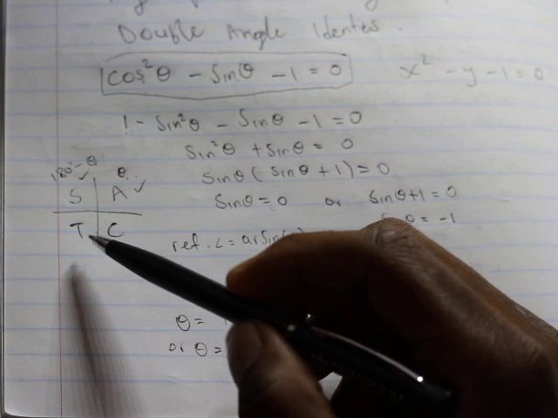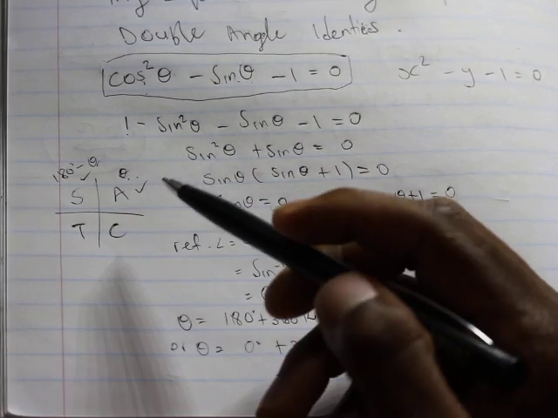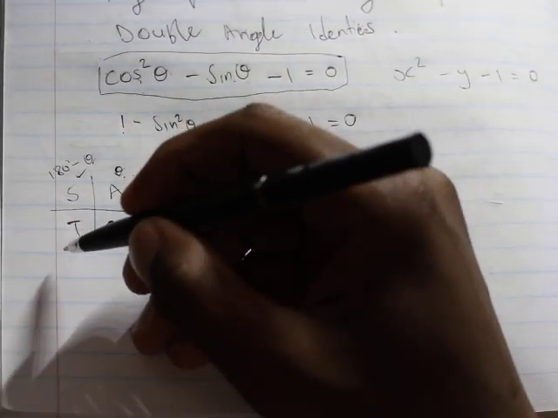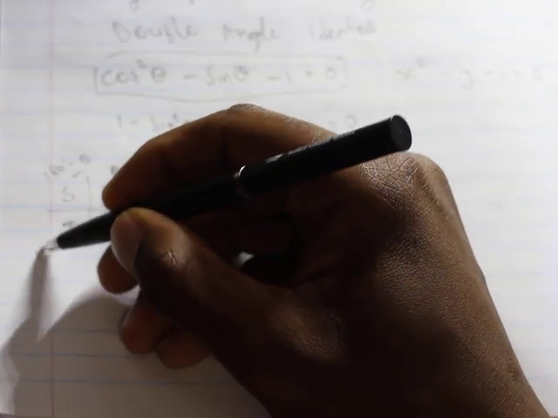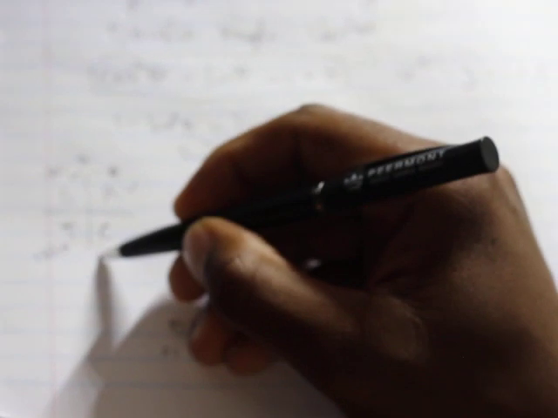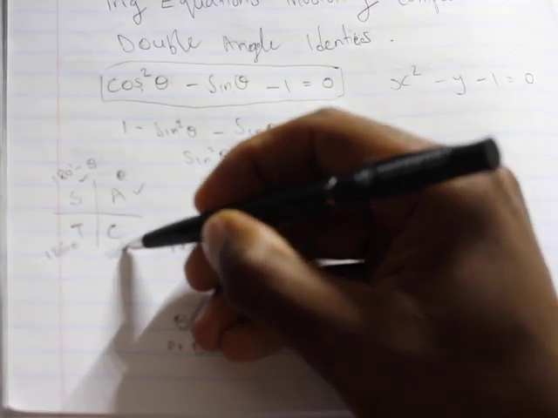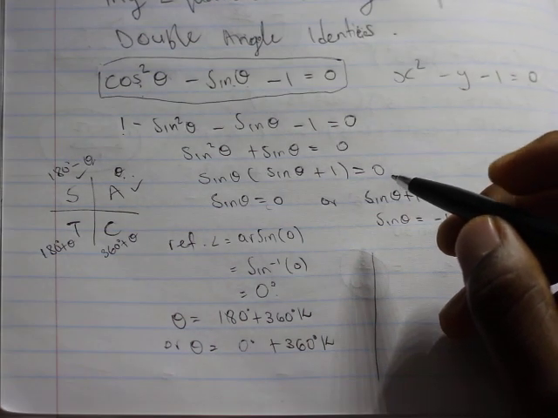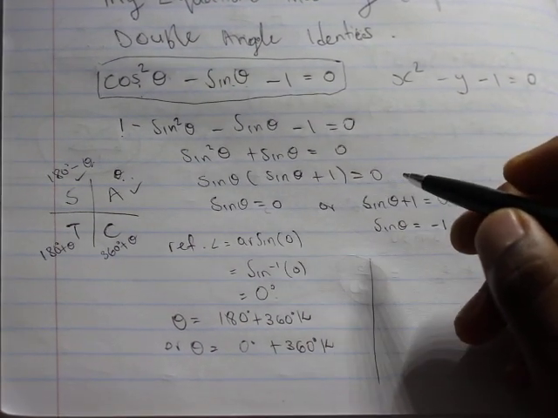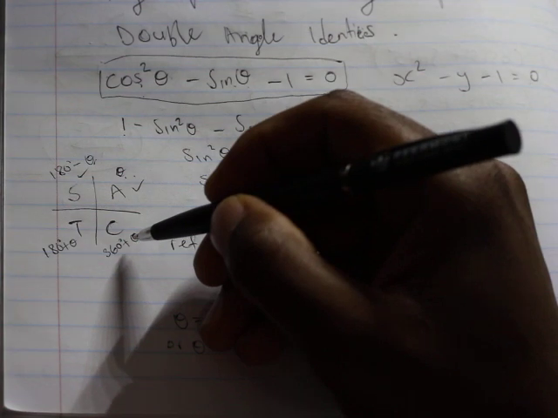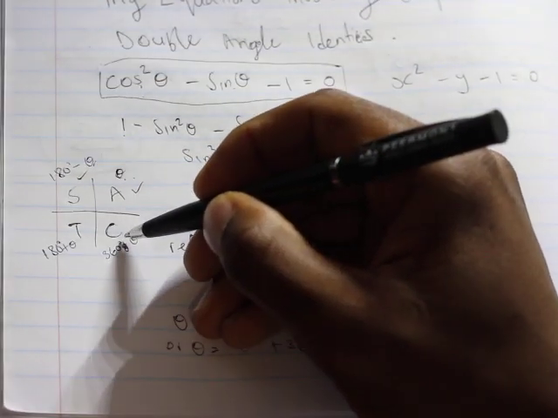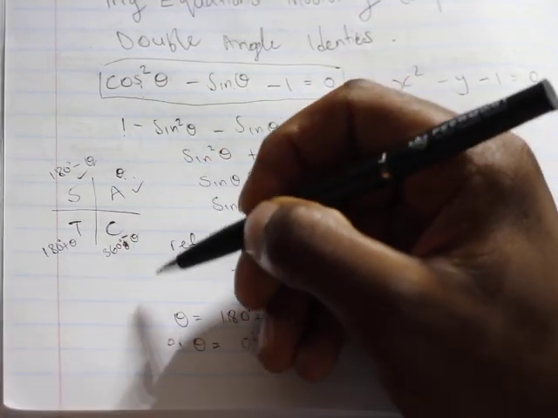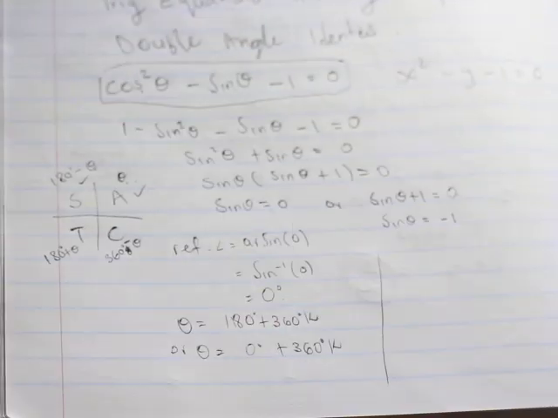So if it's negative, then it's in the third and fourth. Now in the third and fourth, you know the reduction formula, 180 degrees plus theta, and then 360 degrees minus theta. Not plus theta but minus theta, because as soon as you say plus theta, then it falls under quadrant 1.